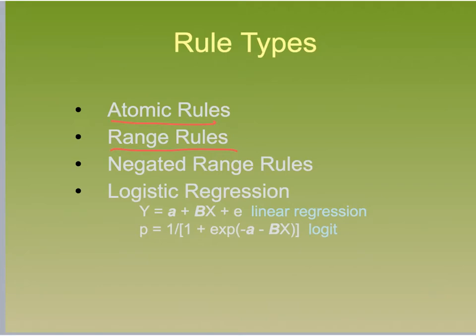Range rules say if a range of values for a covariate, or ranges of values for a set of covariates, are met, then the species is present or absent, depending on if it's a presence or absence rule. Negated range rules are the opposite. If the point is outside of specific conditions, then present or absent. What you'll find as a rule of thumb is that negated range rules tend to be absence rules, and atomic rules tend to be relatively few within a rule set and predict relatively little space on the landscape.